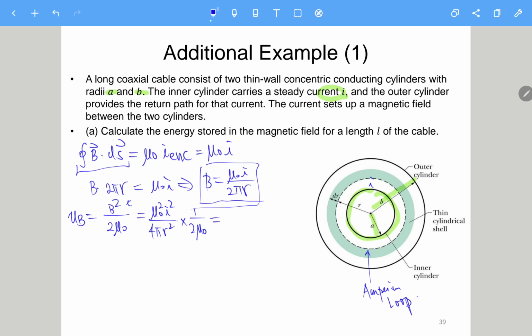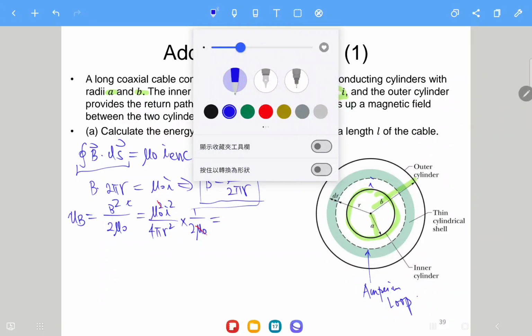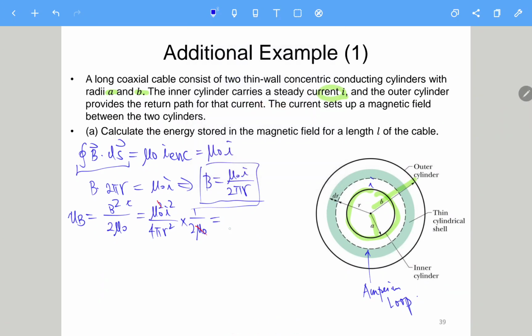We can do some cancellation: the mu naught squared cancels with this mu naught. So we have 8 pi squared r squared, and here a mu naught I squared. So this is u_B.